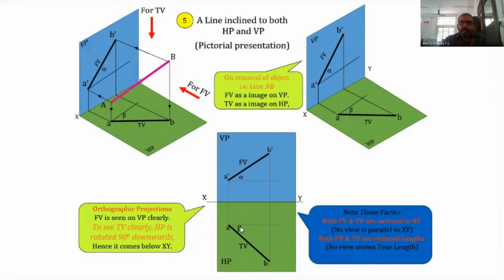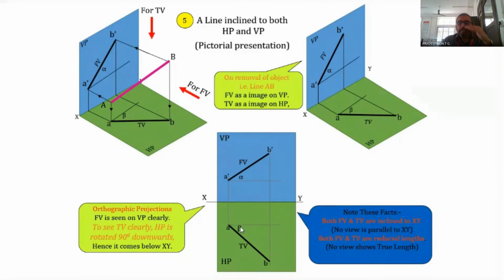Now, both the front view and the top view are inclined to the XY line, and no view is parallel to the XY line. And one more thing is evident from this: when the line was parallel to HP, the projection on VP was parallel to the XY line, and it had a reduced length.